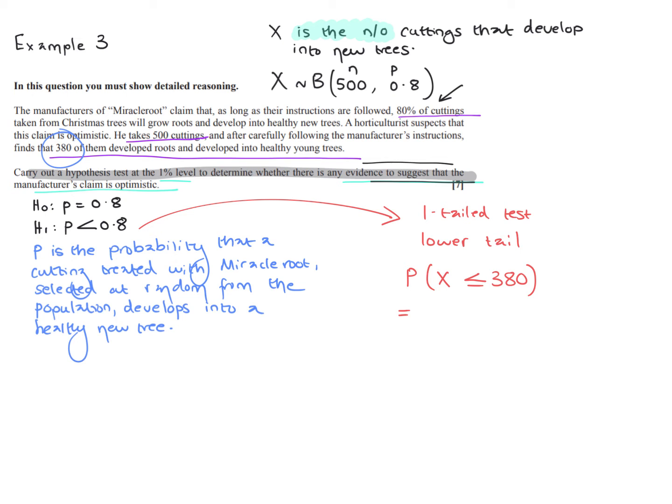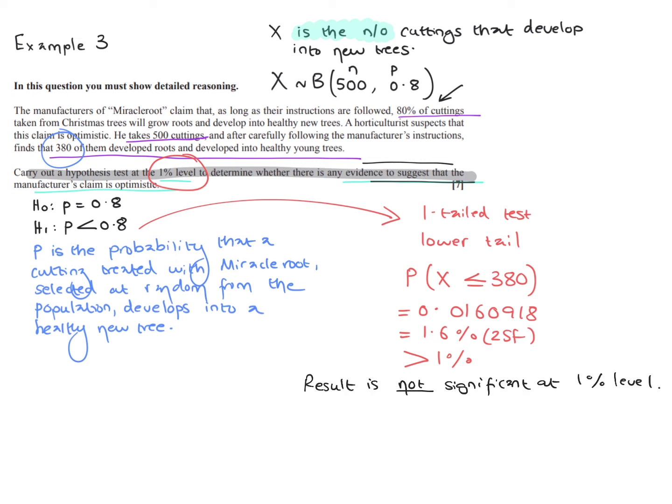So this then gives me a probability value of 0.01600918, which I'm going to convert to a percentage and round to two significant figures. That's 1.6%. Now, we're testing at the 1% significance level, so compare this to 1%, greater than 1%, so we can say that the result is not significant at the 1% level.